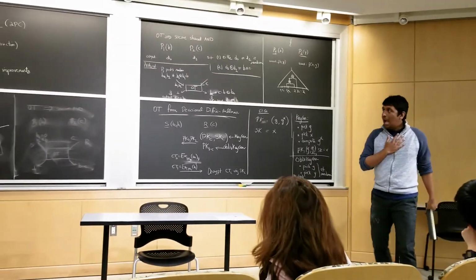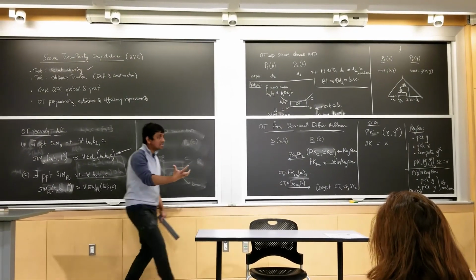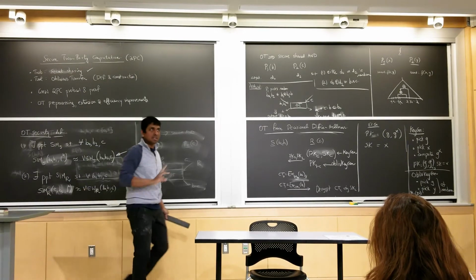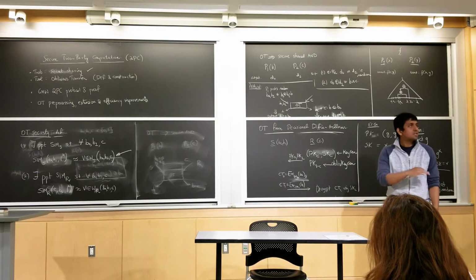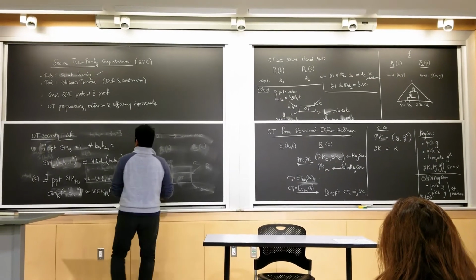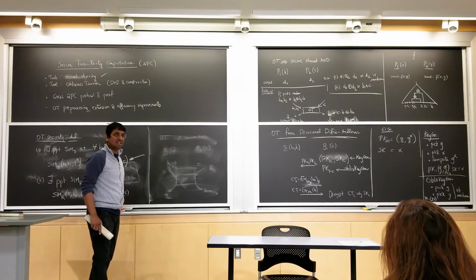Then I have to show that the output distribution of the simulator is indistinguishable from the view. These are the two distinct things I need to show. So let's show them one by one. Let's do the sender simulator first, because that's the easier one.